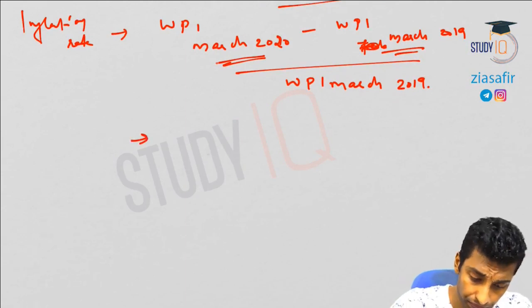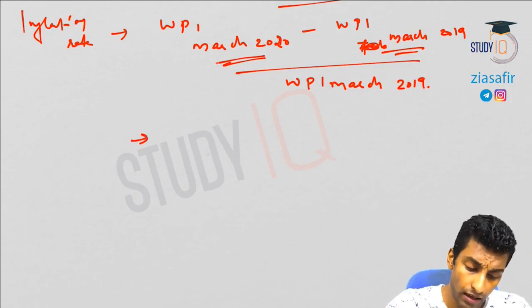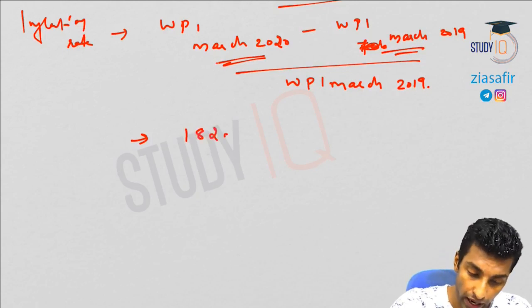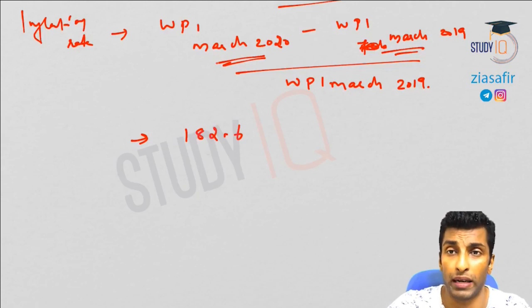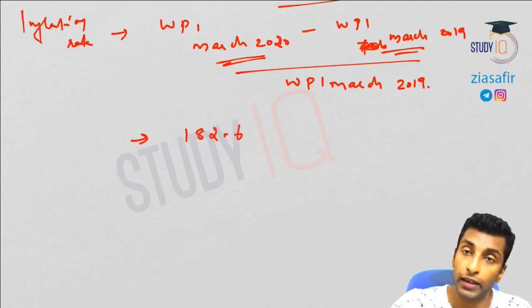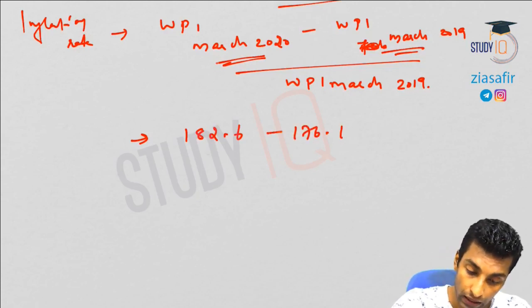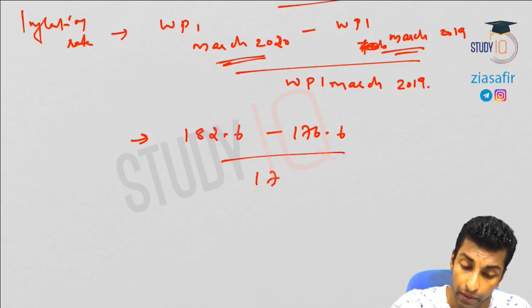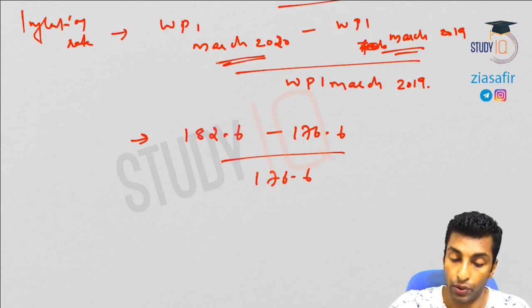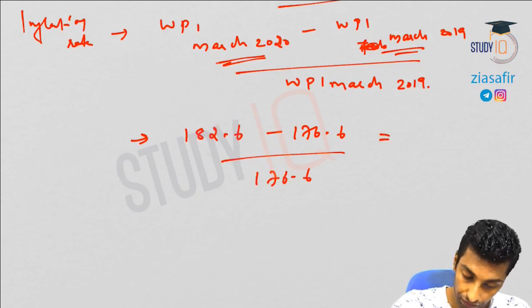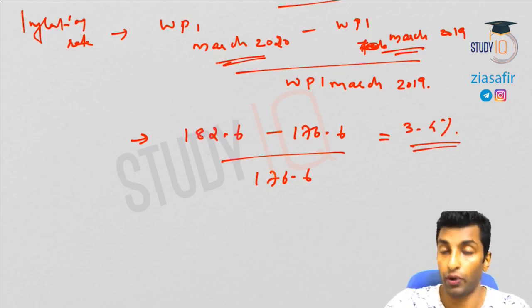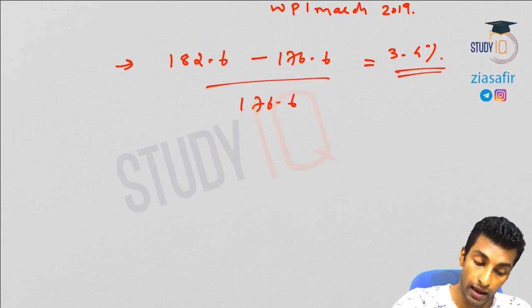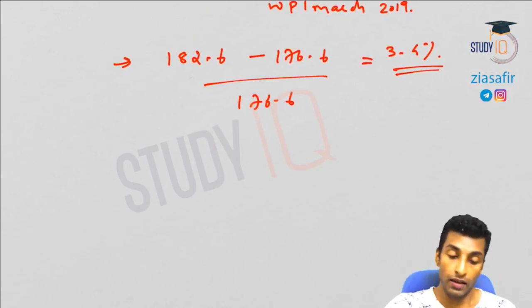So for example, I'm taking some random values, 182.6. Let's say you can take the actual values. I don't remember exactly the actual values. So 182.6 minus 176.6 divided by 176.6, okay? So it will give you around 3.4%. So like this you can calculate inflation.